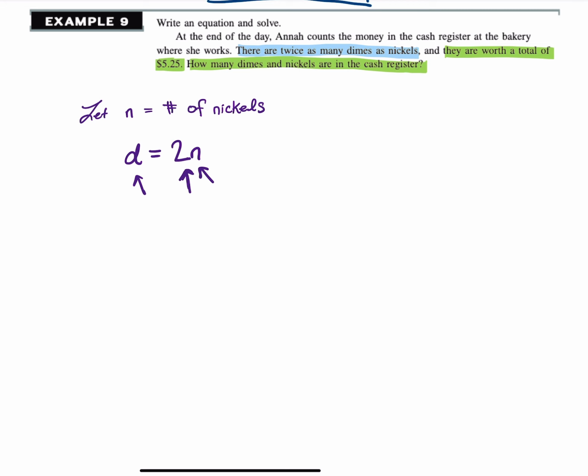There's twice as many dimes as there are nickels. So keep an eye out for that. I can see some easy mistakes there. That's what the statement is saying: there are twice as many dimes as nickels.